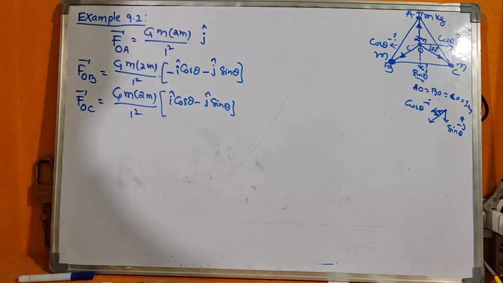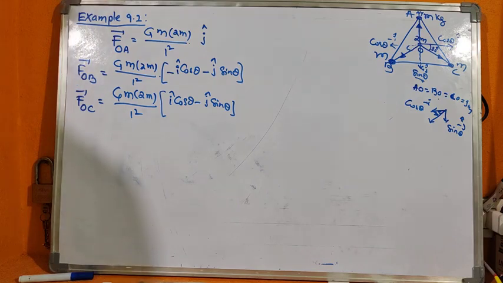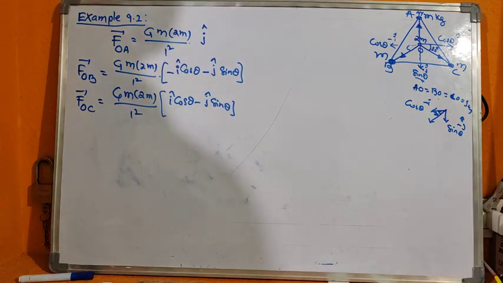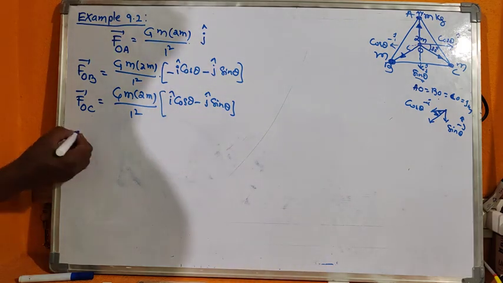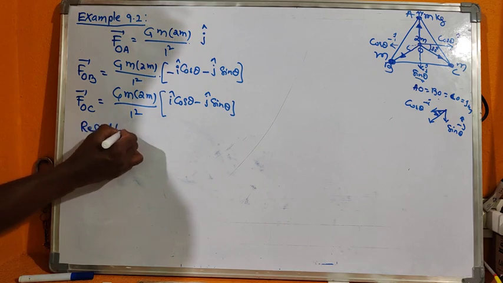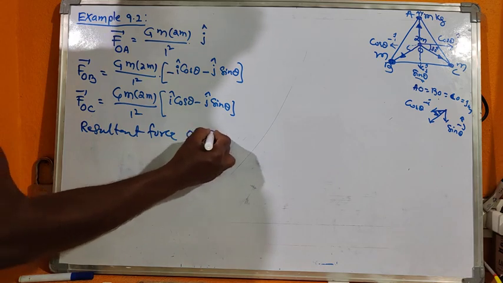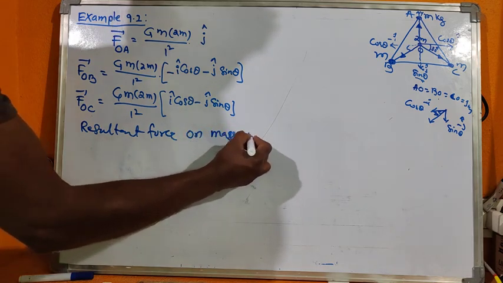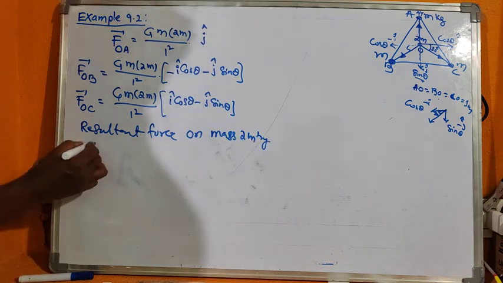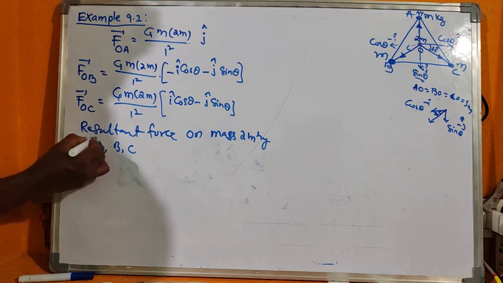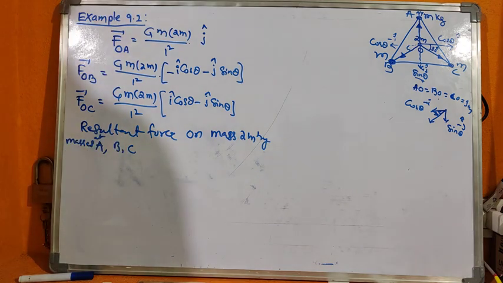These are the forces acting on mass 2m kg at the centroid. Then the resultant force experienced by the mass 2m at the centroid, due to the masses at A, B and C, is equal to the vector sum of all the forces.